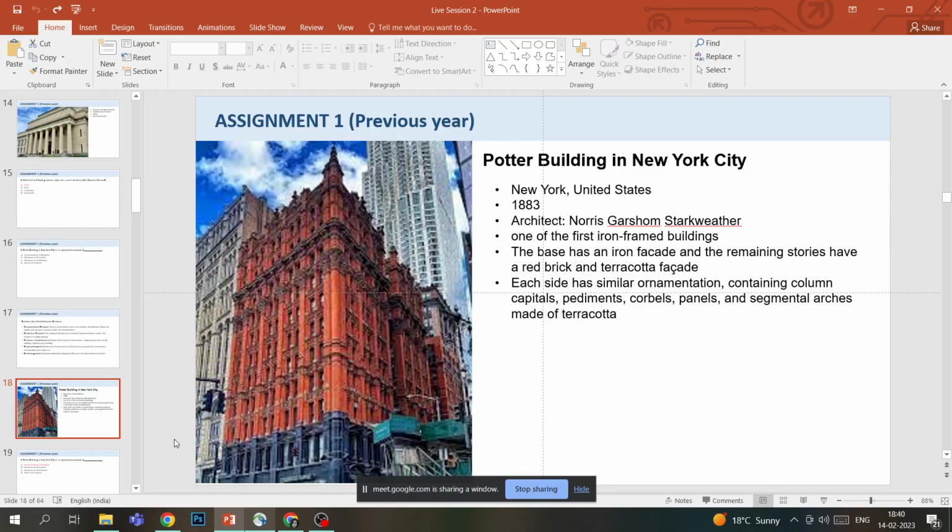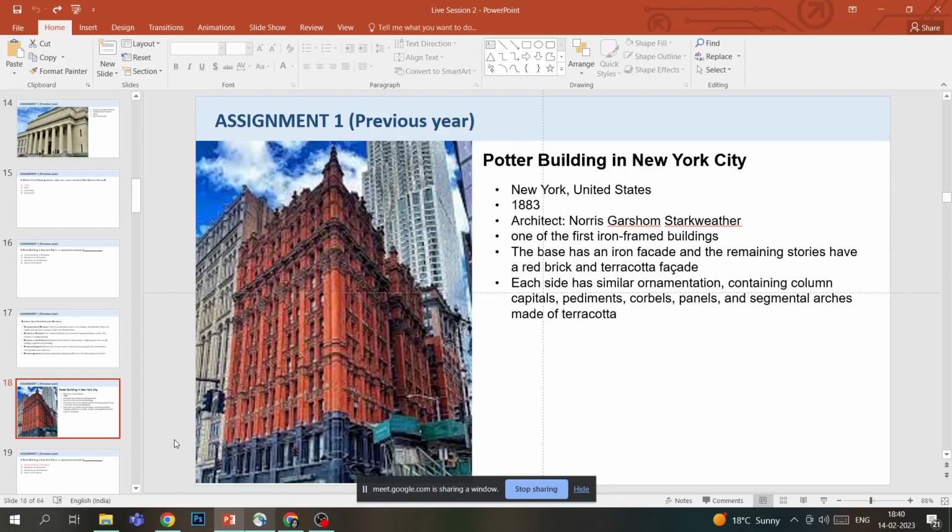As you can see, the base of the building had an iron facade, and the remaining part, which was 11 stories high, had a red brick and terracotta facade. And you can see all the sides of this building have similar ornamentation. It consists of columns, capitals, panels and arches, all made from terracotta.